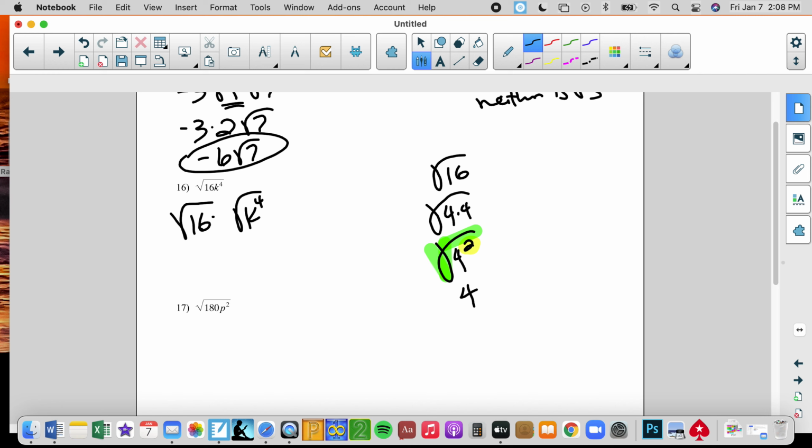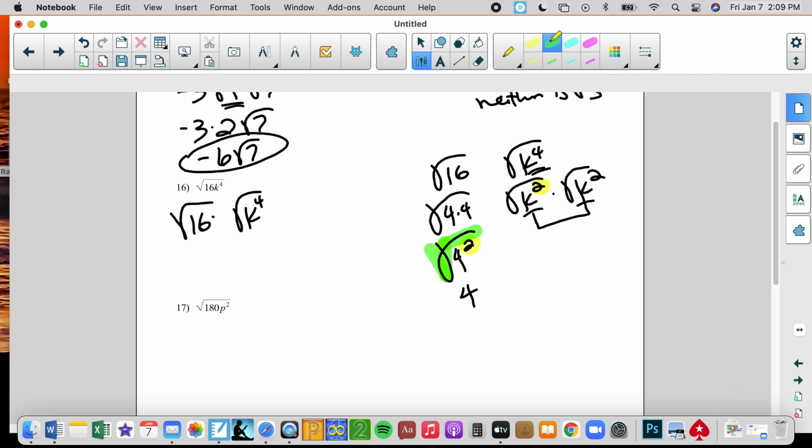When we have k to the 4th, well, remember we want squares because squares get rid of our radicals. So I know that k squared times k squared equals k to the 4th. So I'm going to split it up into those two things. The square root of k squared. Why did I choose 2?